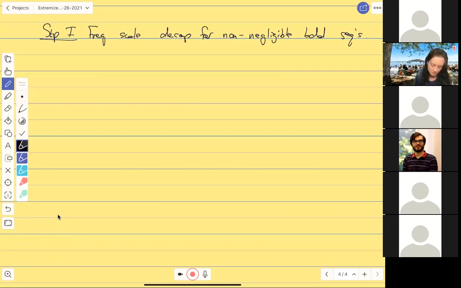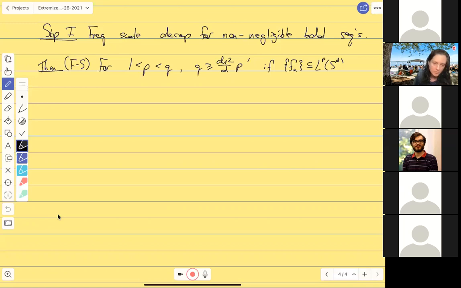And so here's the theorem. So for 1 < p < q, and q ≥ (d+2)/d · p', if f_n in L^p is bounded, then there exist a few things. So a subsequence.